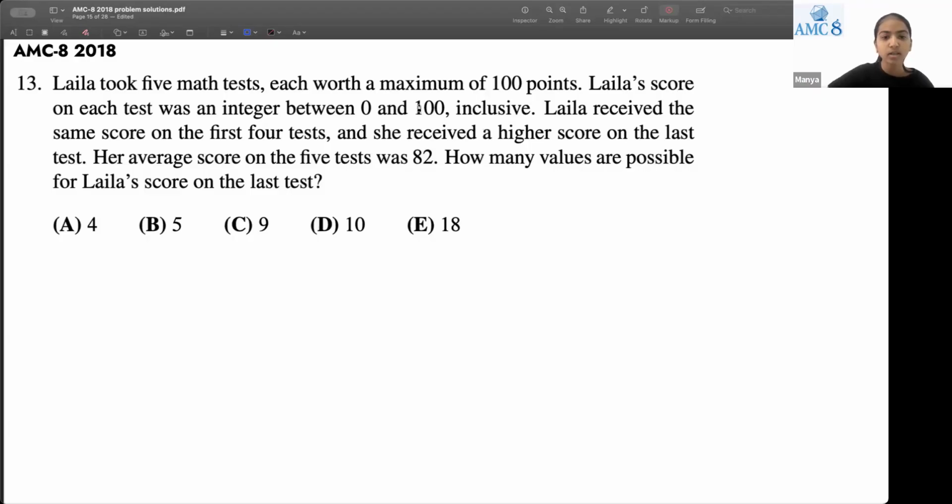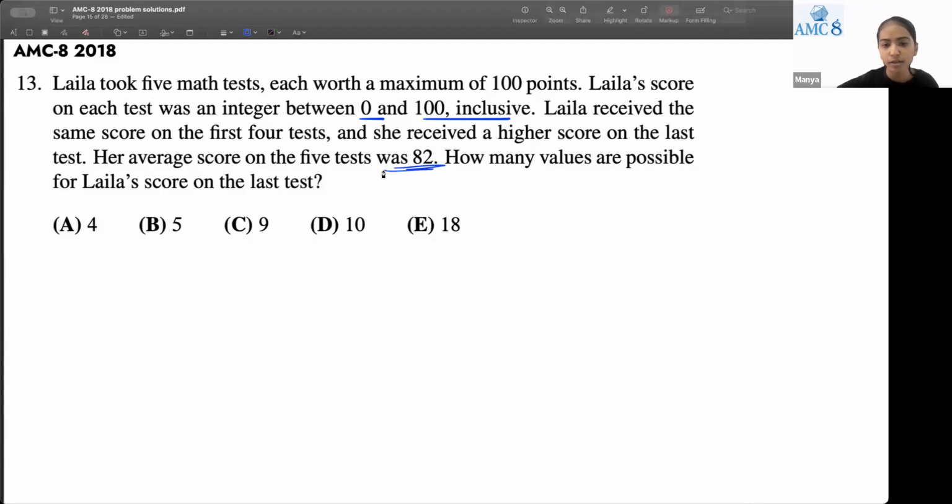So they told us that her score is out of 100, and it can be 0 and 100, because they said inclusive, which means that it can be 0 or 100. The one point that they told us is that the average on her 5 tests was 82.